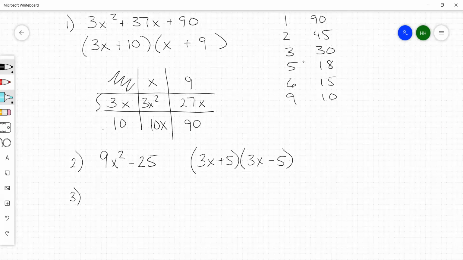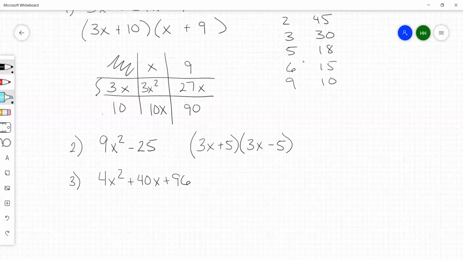Number 3, we got a 4x squared plus 40x plus 96. When that leading term's not 1, I'm looking to factor it as soon as possible. So everything in this trinomial is divisible by 4. So I'm taking out a 4.